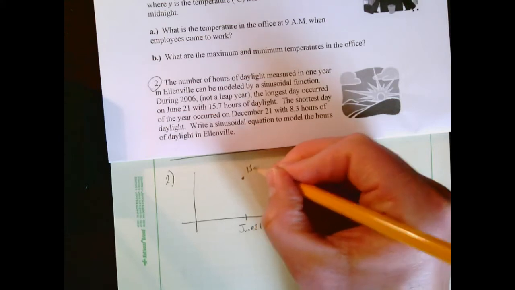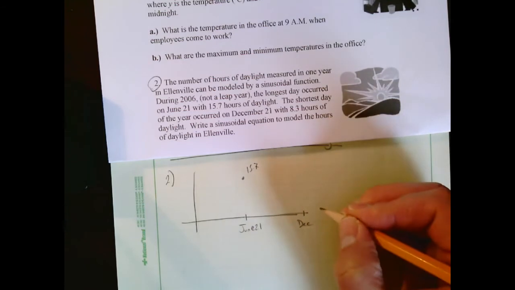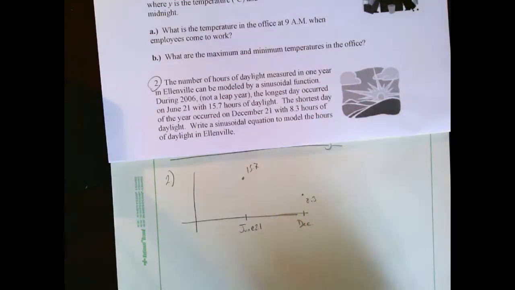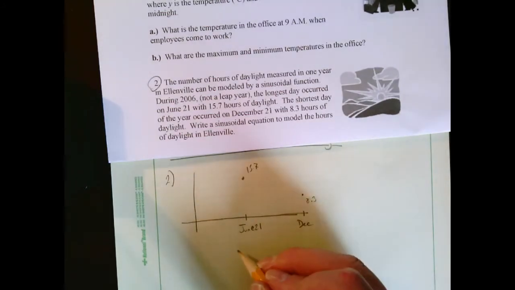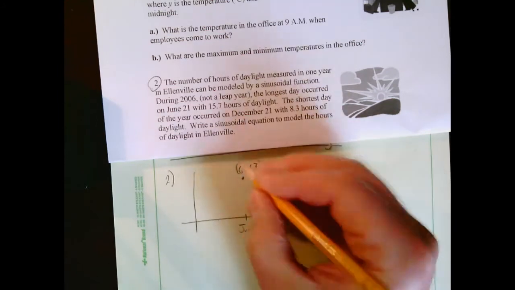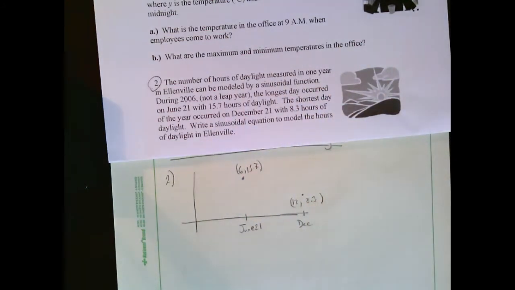That was 15.7. And then way over here is December. That was my shortest, 8.3. Now, in terms of creating a point out of this, June is my 6th month and December is my 12th month. So let's just do a standard thing with that.